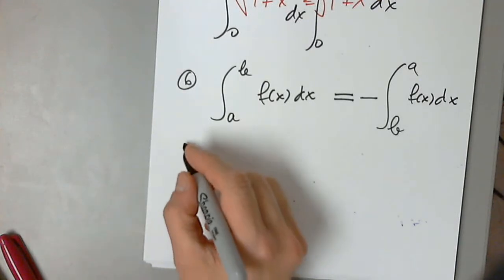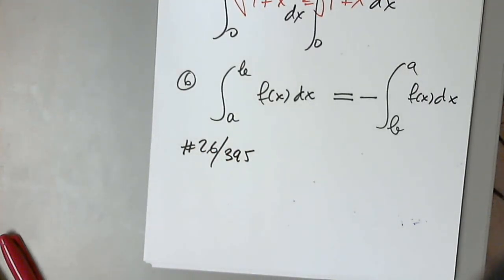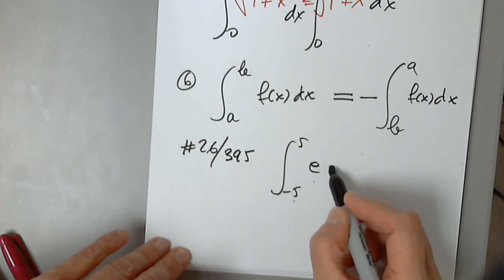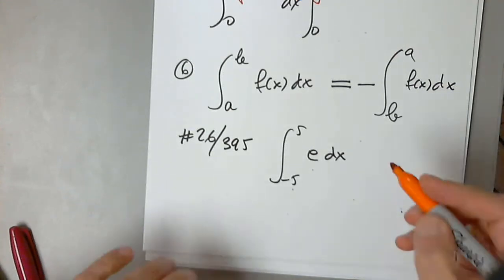Last one, 26, on page 395, I promise. Oh, yes, I remember what it was. The integral from -5 to 5 of e dx. Okay, e is a constant, it has no place in here.